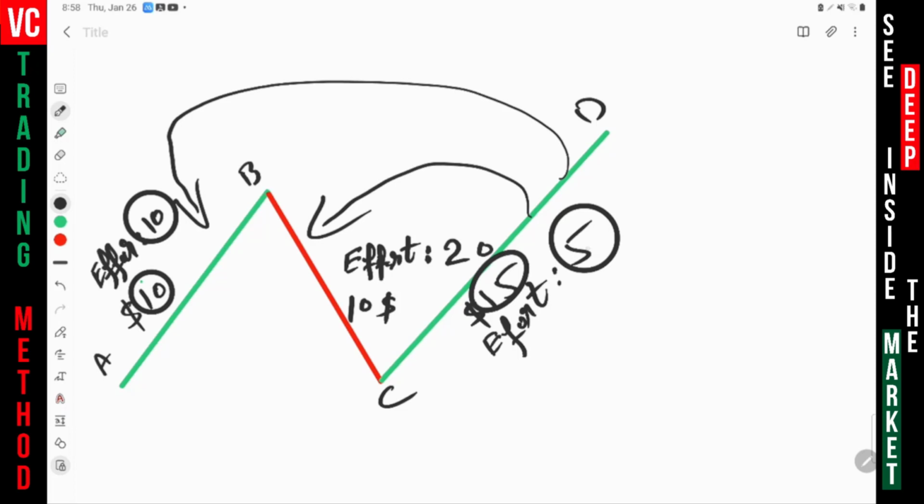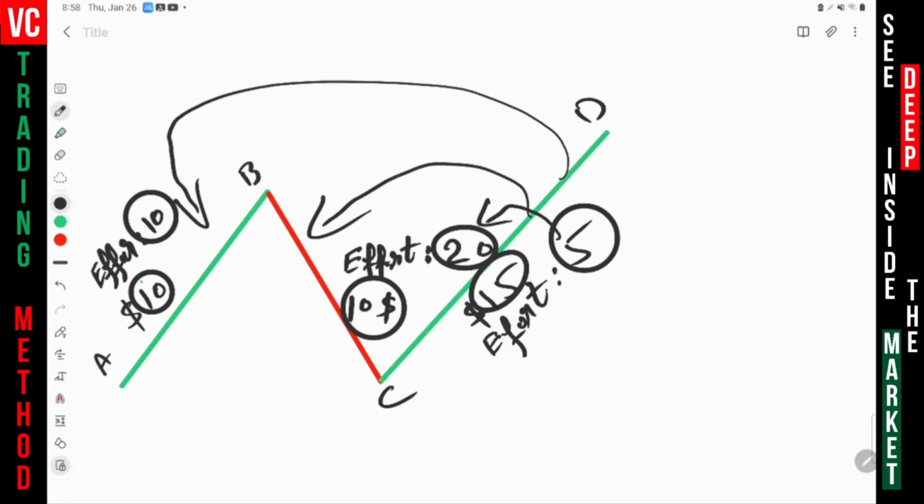So price is more likely to move in the same direction.